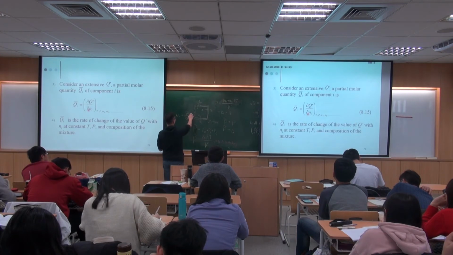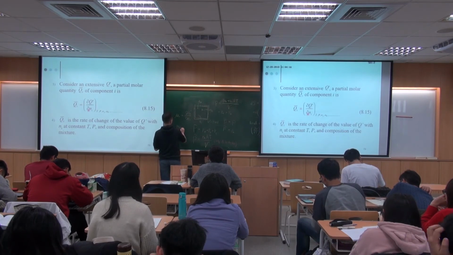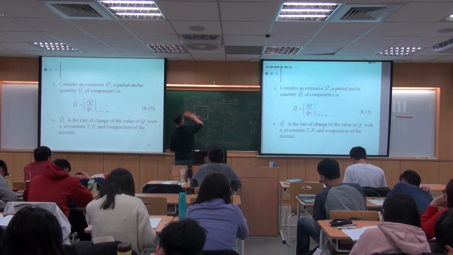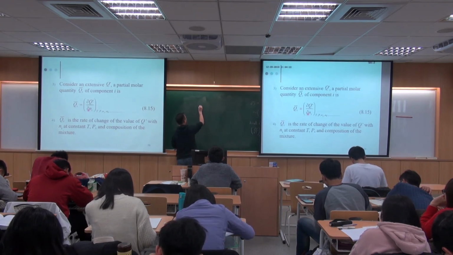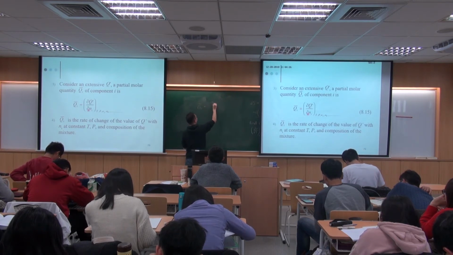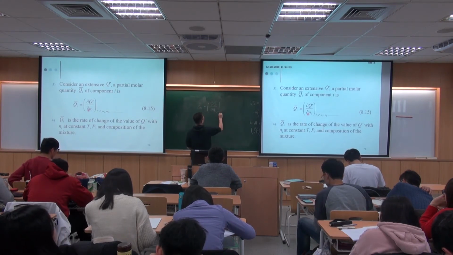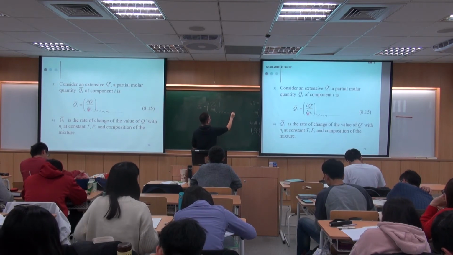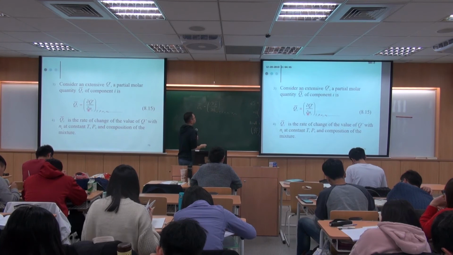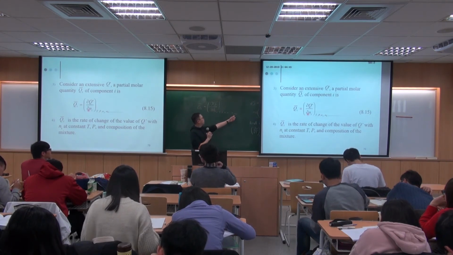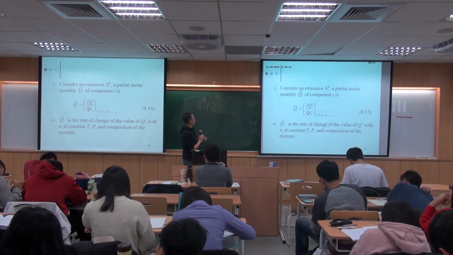For instance, if I'm dealing with Gibbs free energy, which is an extensive property, we'll write this with T and P and all n_j fixed, where the index j is not the same as i, so you have to fix them, and also temperature and pressure.